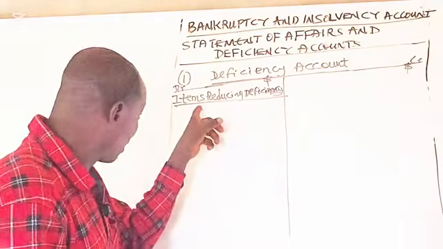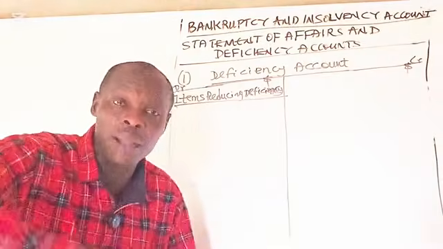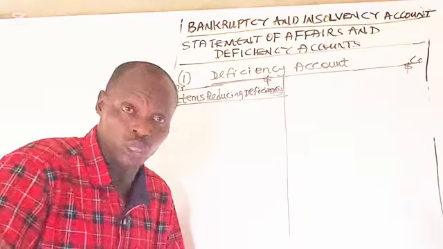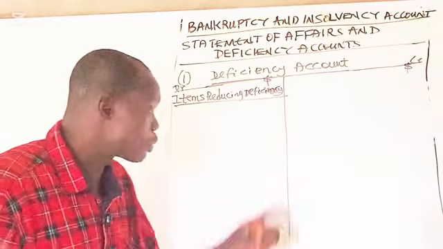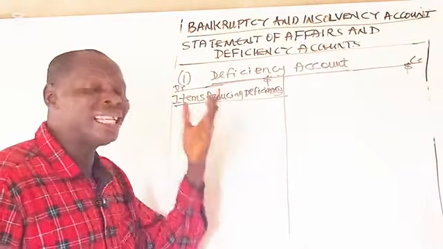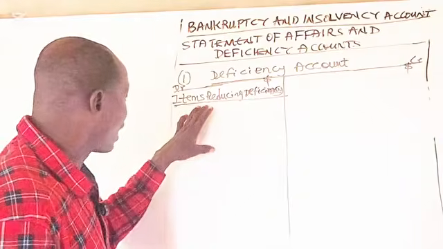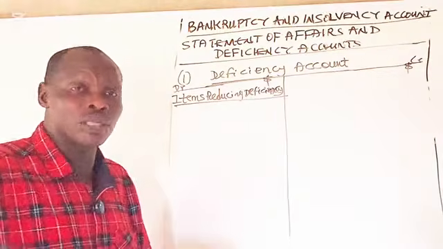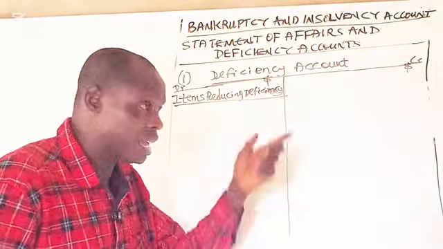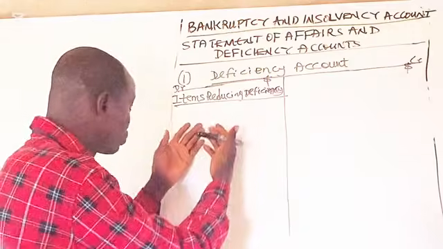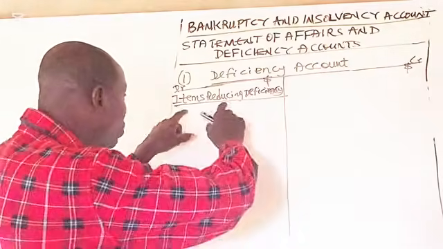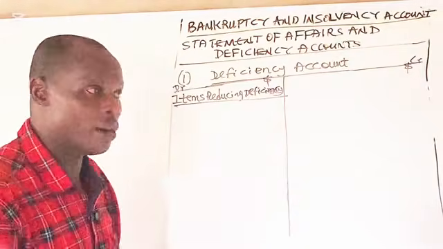The items that will make the losses of the bankrupt reduce. Those are the items we normally have at the debit side. When there are profits, losses will reduce. Profit will lead to reduction of the debt of the bankrupt.